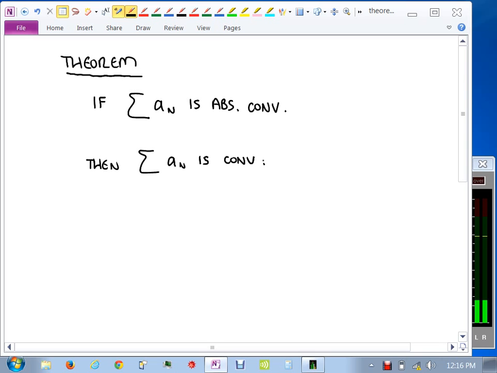Why would this be true? What does it mean for a series to be absolutely convergent? When you add up their absolute values, it's convergent, right? Then why would that force the series itself to be convergent?